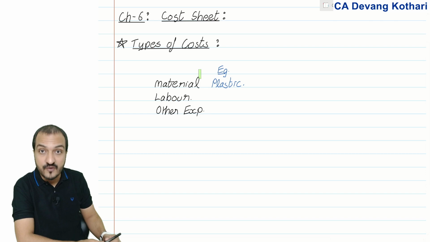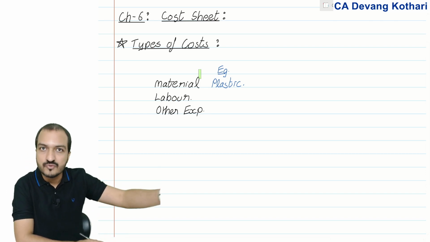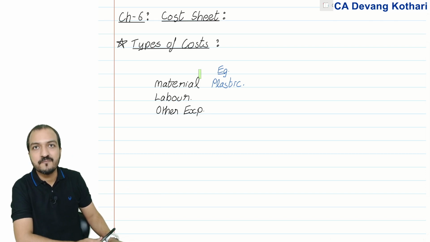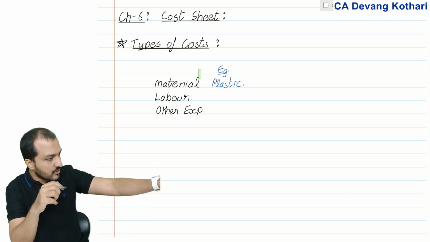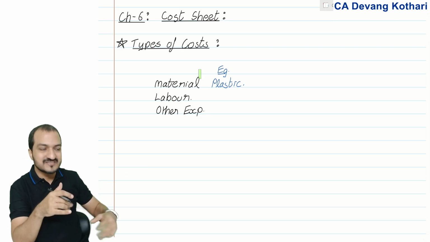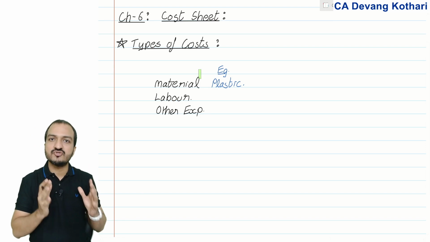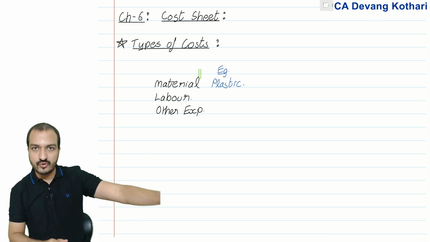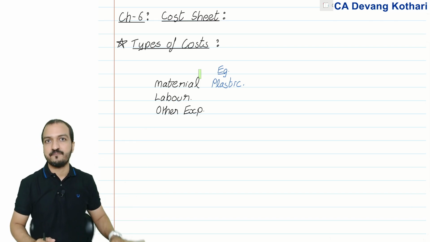Can you store the workers in the godown, use them and put them back? No. Do you understand what I am asking? Can you do that for power consumption, electricity? Can you store the power consumption in the godown, use it, and whatever is extra you put it back? No. Material means those items of cost which are kept in storage. You consume them, and if it is extra, you put it back.